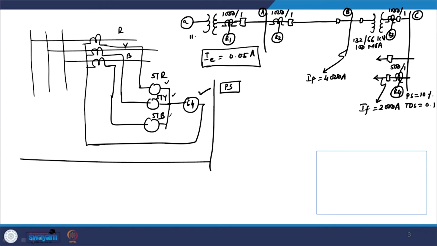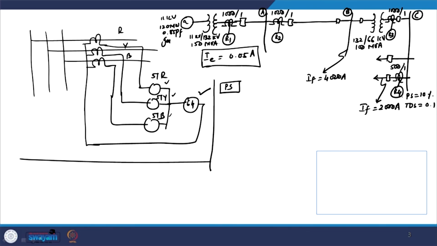This is 11 kV by 132 kV and its rating is 150 MVA. It is basically the generator transformer connected with the generator, and this generator is also 11 kV and its value is 120 megawatt at 0.85 power factor. So, this is given, this is your generator. With this background, now let us decide the plug setting.